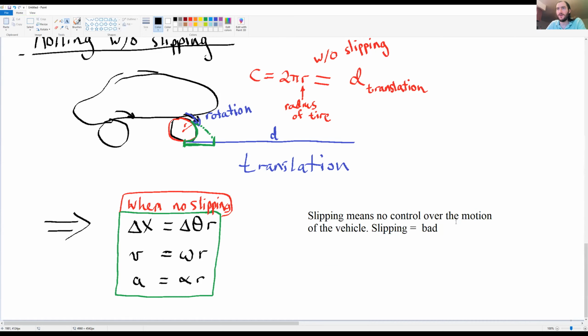When you have no slipping, that's great because then you have control. If you push on the brakes a little bit, you lower the rotational velocity of the wheel, and so you lower the velocity of the car. Or you push on the gas a little bit, you increase the rotational velocity of the wheel, and therefore you increase the velocity of the car. Okay, let's go ahead and take a look at another example now.